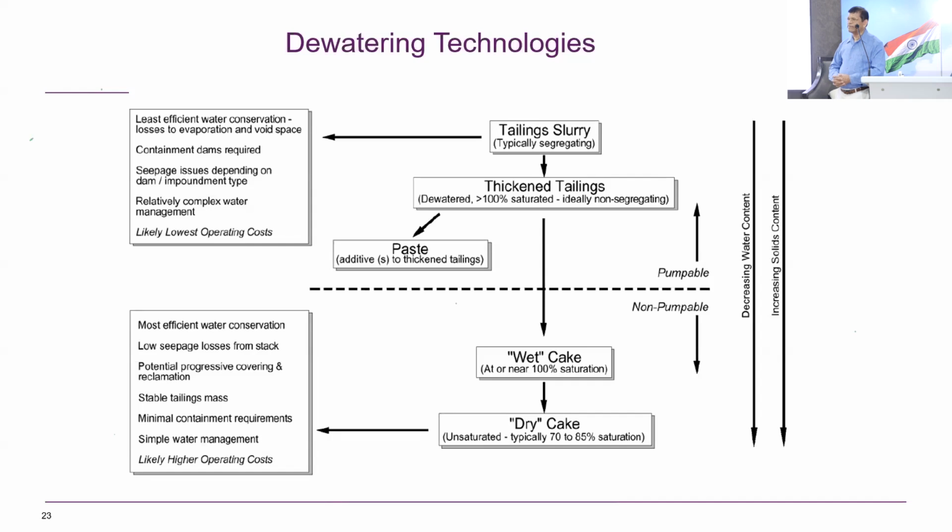In some sites we have done that, like we do in clay. With most clay materials we also do some dewatering with wick drains. You have heard of wick drains? Yes. We put wick drains, and similar technology can be adopted for tailings. But the problem is that it is so vast, and if you put wick drains at 5 feet spacing, you can see the cost of doing that.